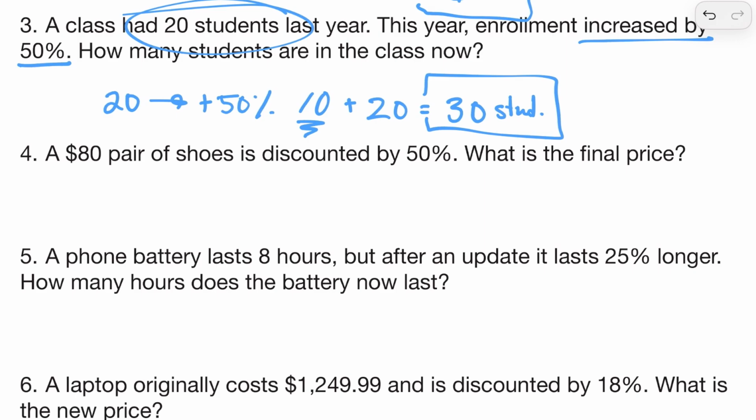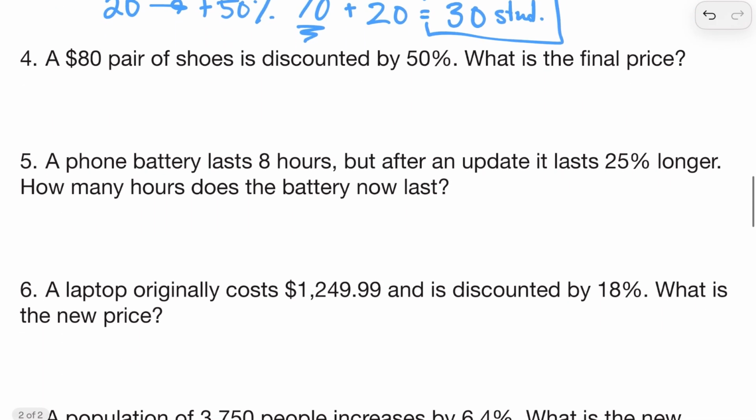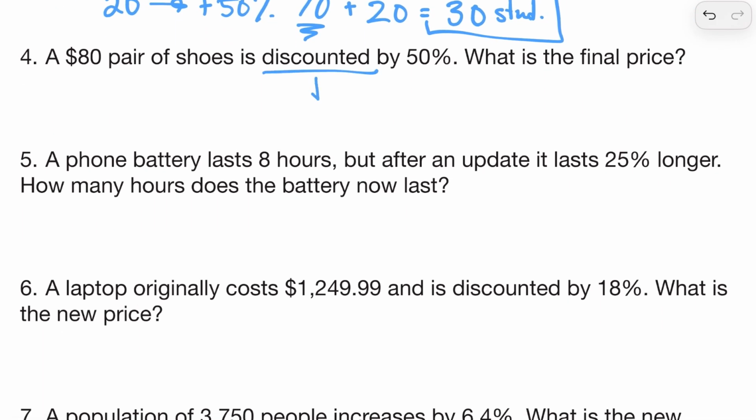Number 4. An $80 pair of shoes is discounted. That means decreased by 50%. What is the final price? This is basically just asking what is 50% of 80, or what is half of 80? That is 40. The new price of this pair of shoes is $40.